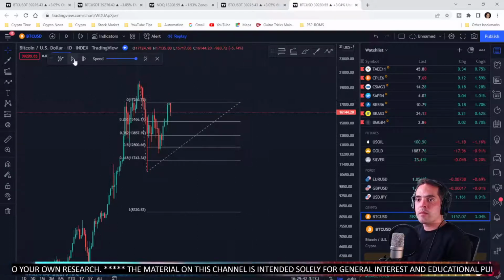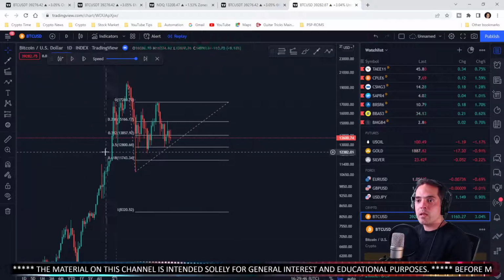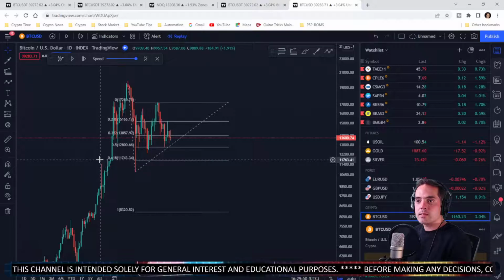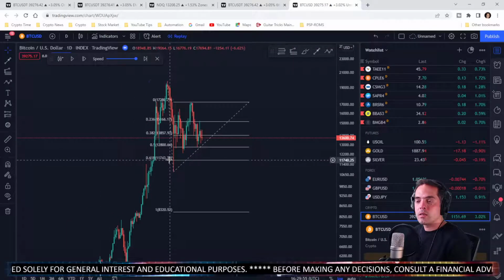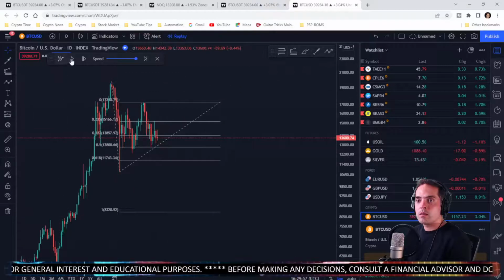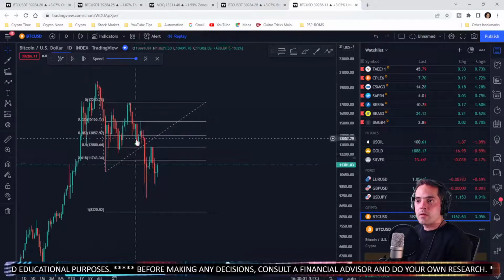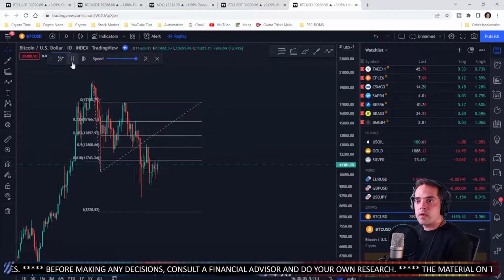So let's play. The price is going down, so I would expect the price to go down at least to 0.618. So you see, it just broke through. Let's keep playing.